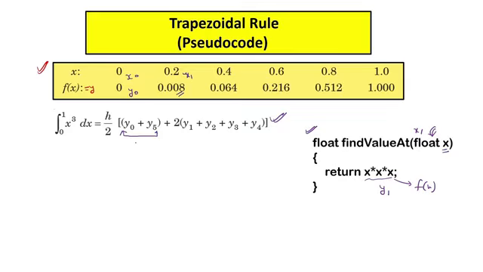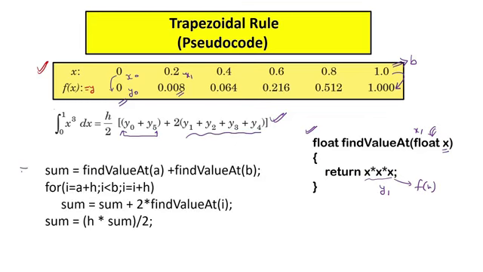This y0 is the initial value corresponding to x0, and this y5 is the last value, corresponding to 1.0, or you can say corresponding to the b value, and these are the remaining values.